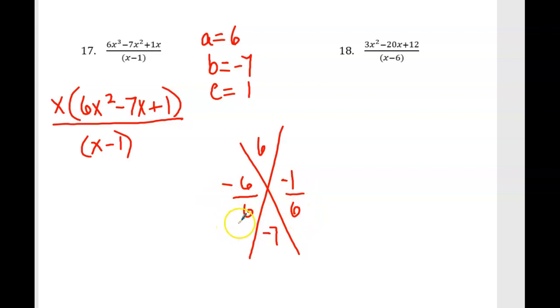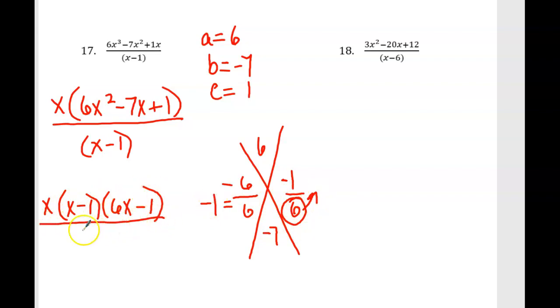So I'm going to end up with a negative 1. There we are. So when I factor the numerator, I get that x times x minus 1. And now remember, the denominator becomes the coefficient, so this is 6x minus 1. Again, that's divided by x minus 1. They cancel out. We're left with x times 6x minus 1.